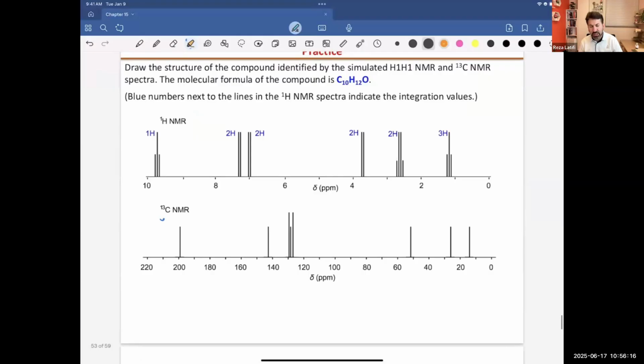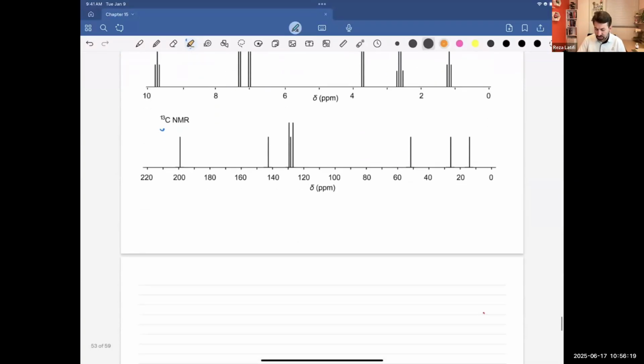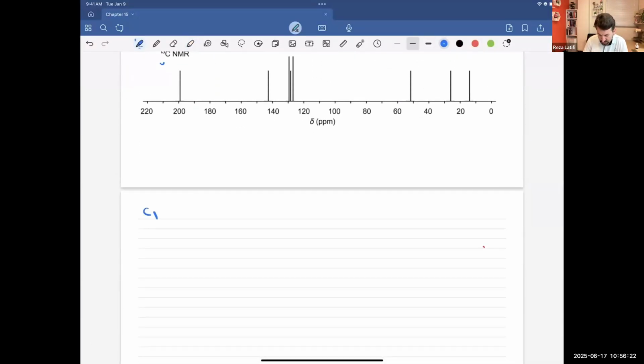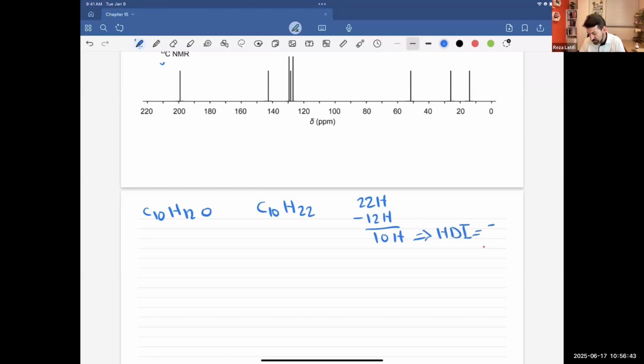The first molecule is C10H12O, so this molecule is going to be unsaturated. A saturated one would be C10H22, and 22 hydrogens minus 12 hydrogens leaves us with 10 missing hydrogens. That means the hydrogen deficiency index is going to be equal to 5.